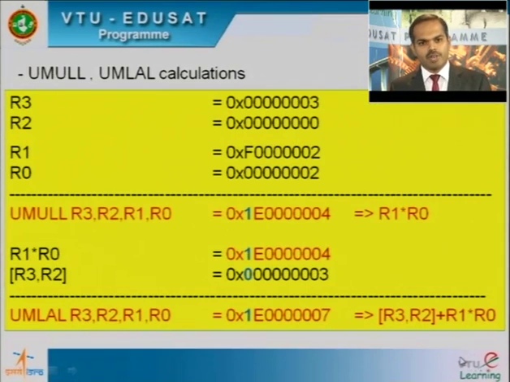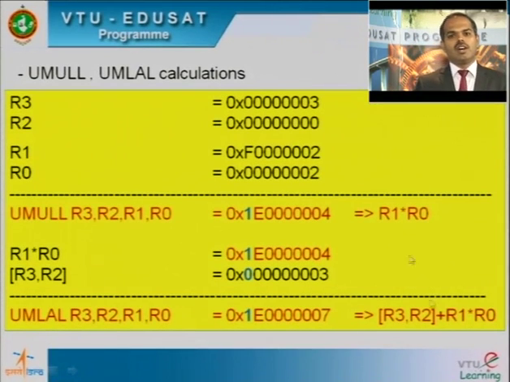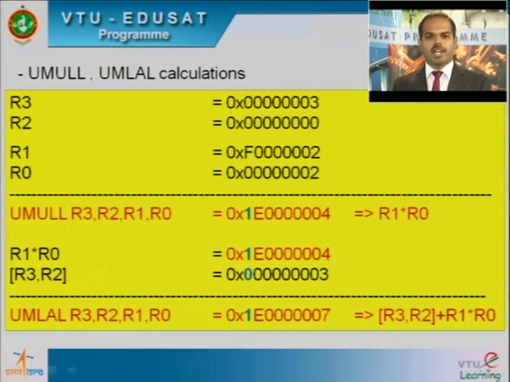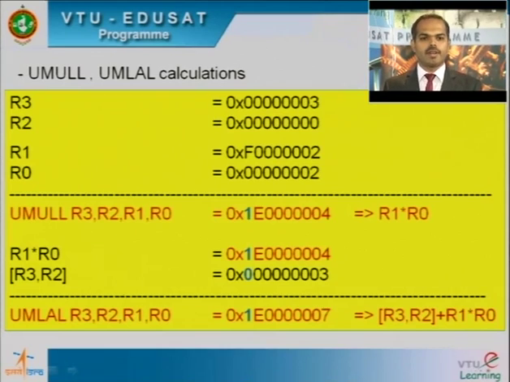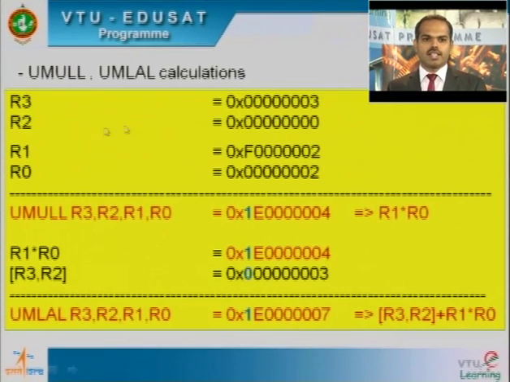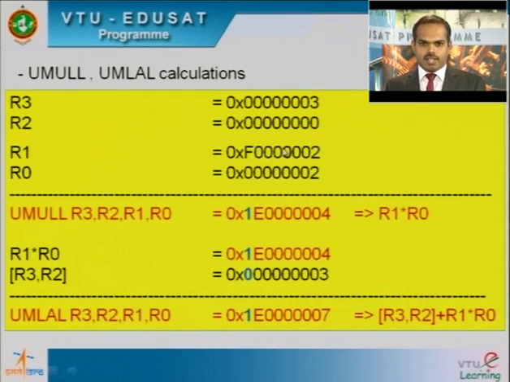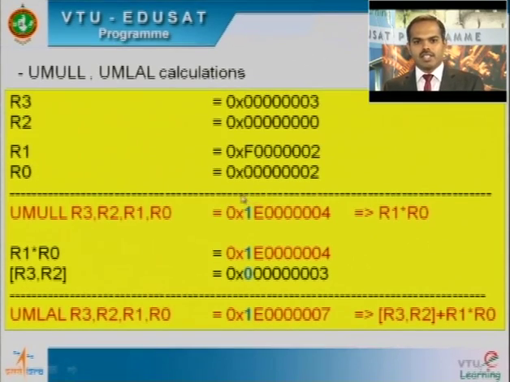Before looking at the examples, let's see the calculation behind it. Assume the content of R3 is 3, R2 is 0, and R1 is 0xF followed by 6 zeros and then 2. Please observe this. R0 content is just 2.